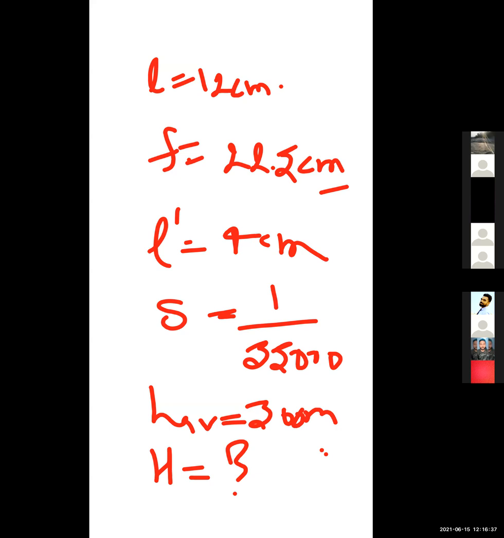The formula for the scale is F divided by H minus H average. F is known, 22.5. The scale of the map is given, but the scale of the photograph is not given, so we first have to find the photo scale. H average is given as 300 meter. So first we have to calculate the scale of the photograph.